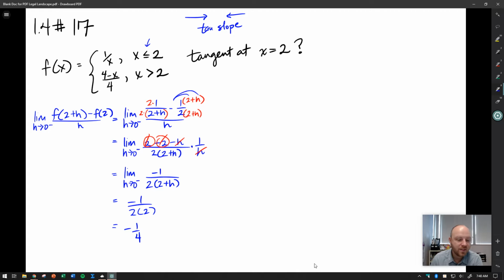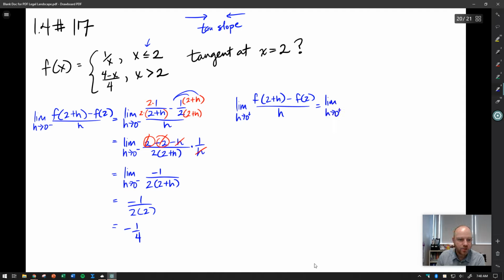The slope of a tangent line coming into 2 from the right we'll have to find separately. So let's begin there. The limit as h goes to 0 from the right. Let's plug in f of 2 plus h minus f of 2, all over h. It's going to be another limit statement.